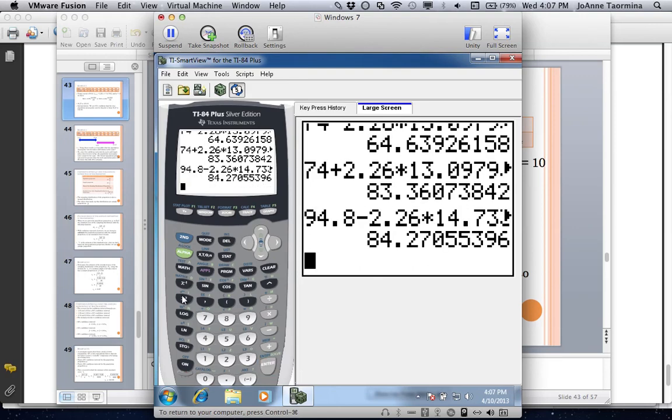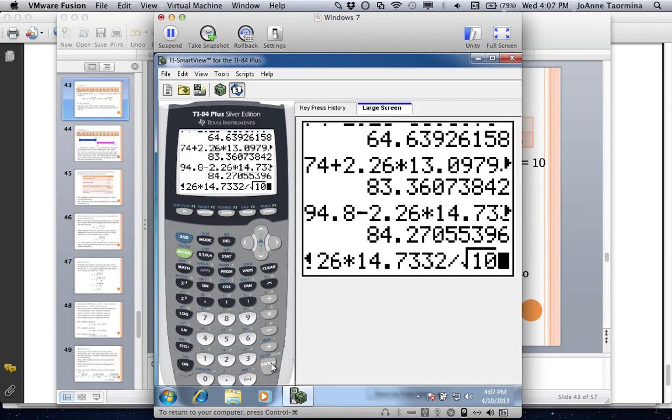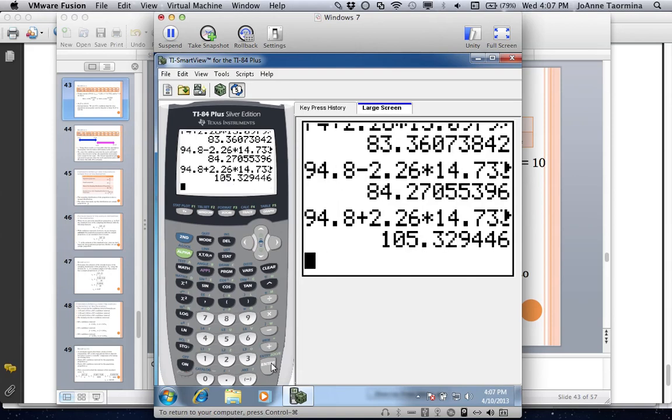So 84.27 on the low end of the confidence interval, and change the minus to a plus to get the upper end of the confidence interval, 105.33.